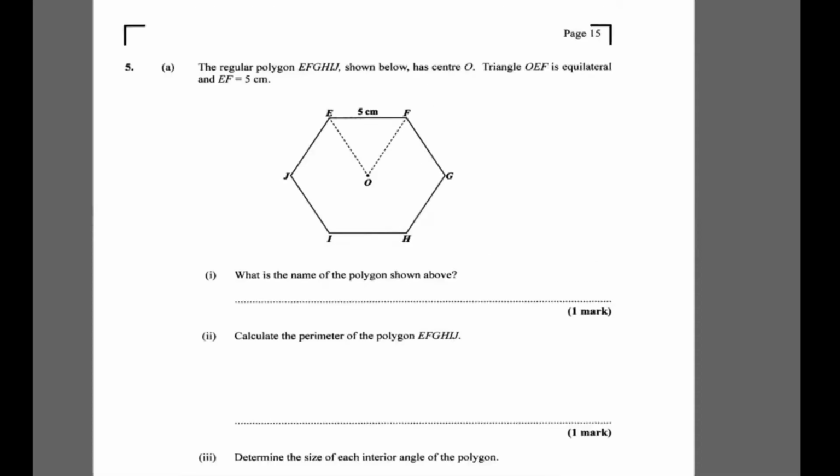Well, first and foremost, we have to notice that this has 1, 2, 3, 4, 5, 6 sides. When it has 6 sides, what's it called? A hexagon. It's called a hexagon.